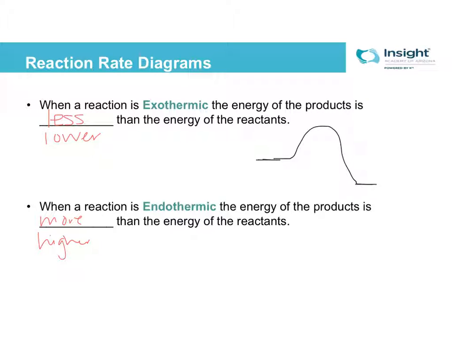Endothermic, it's the other way around. Your reactants are lower than your products, but there's still always going to be that higher hump for the E-act. The hump is the activation energy. And then the difference between reactants and products, R and P, is the delta H.